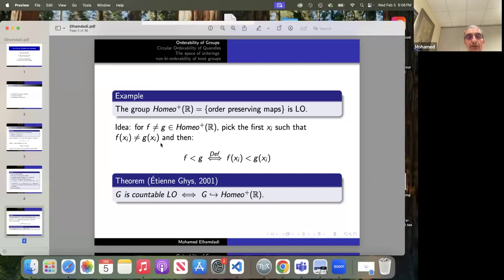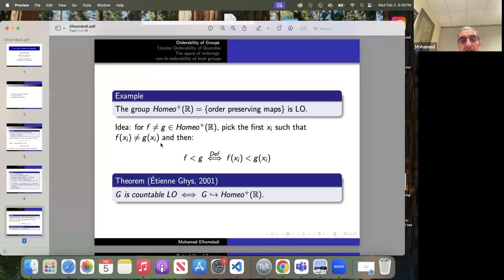The group Homeo-plus of the real line, the order-preserving maps on the real line, is left orderable. The idea of the proof goes like this. You take two homeomorphisms f and g which are not equal, and you pick the first x_i such that they are distinct, and you define f less than g if f of x_i is less than g of x_i.